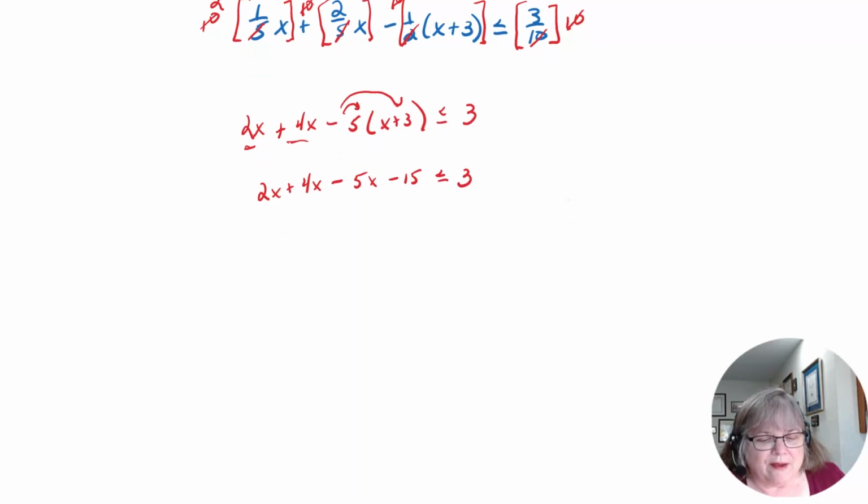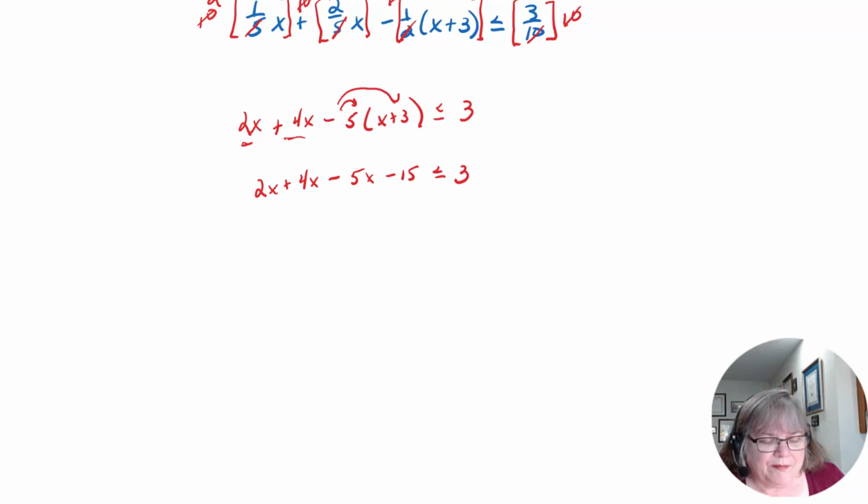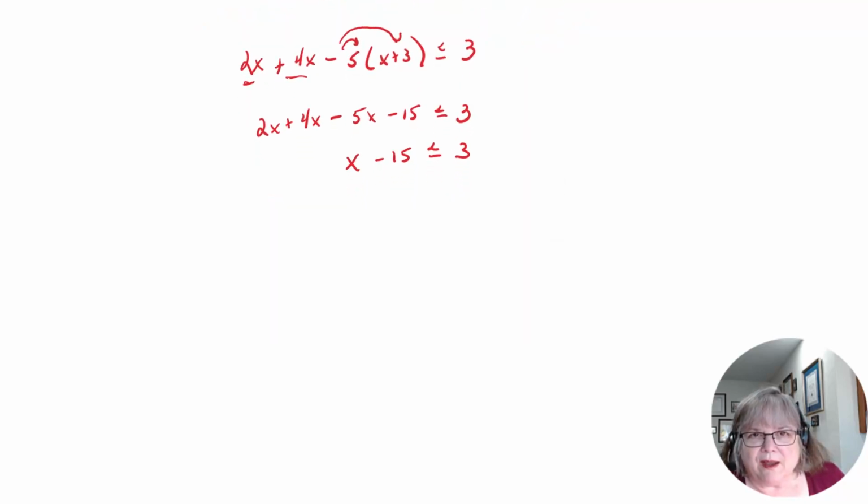All right, and I don't have anything to simplify on the right, so I'm going back over to here. 2x plus 4x is 6x, minus 5x is x, minus 15 is less than or equal to 3. So I have simplified the left, simplified the right. I want my x's isolated on one side, so I do not want the minus 15 with them.